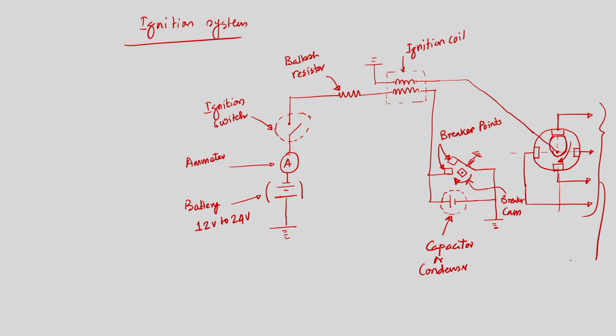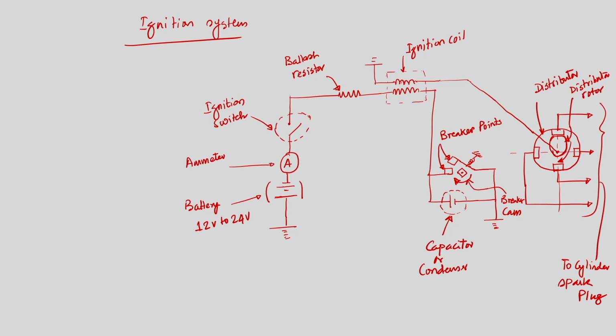And this is the cylinder spark plug, and this is known as the distributor rotor. This is the distributor, which distributes the high voltage, and this is the distributor rotor.